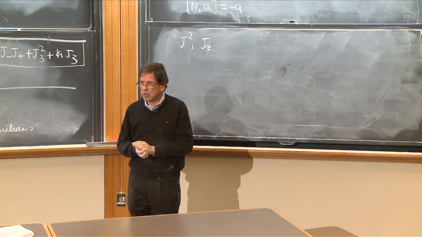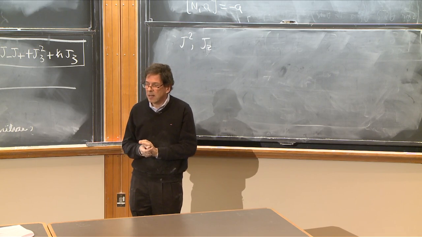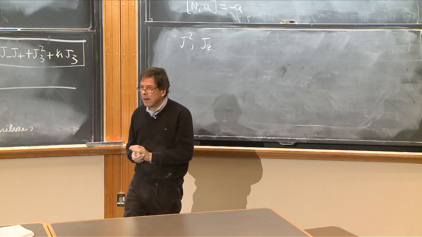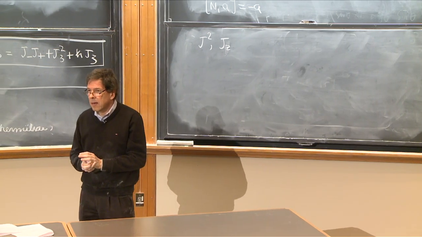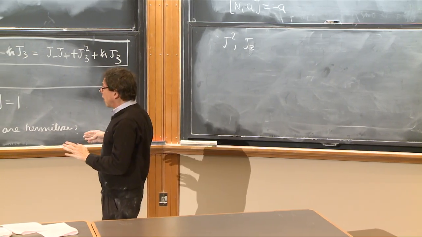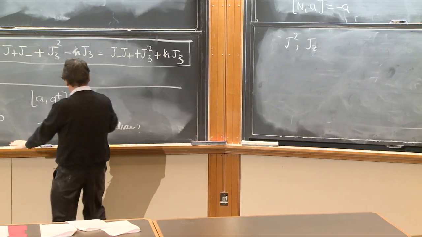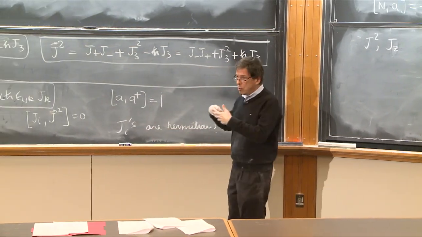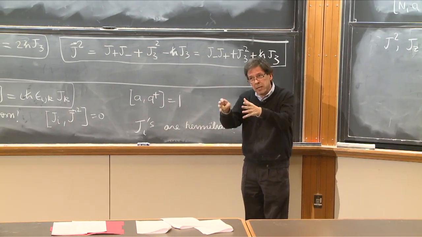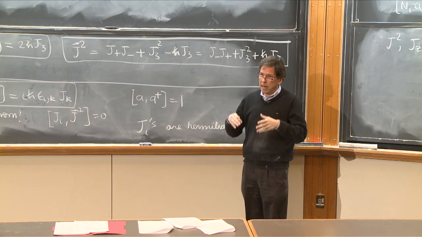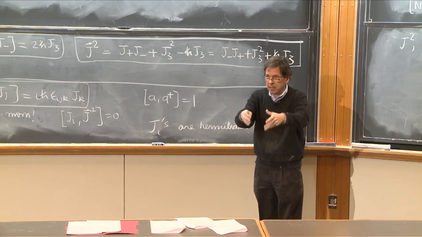Matthew, you had a question? I was just wondering, when we showed that Jz is Hermitian, We didn't show it. We postulated that the J's are Hermitian operators. So you know that when J is L, yes, it's Hermitian. You know when J is spin, yes, it's Hermitian.